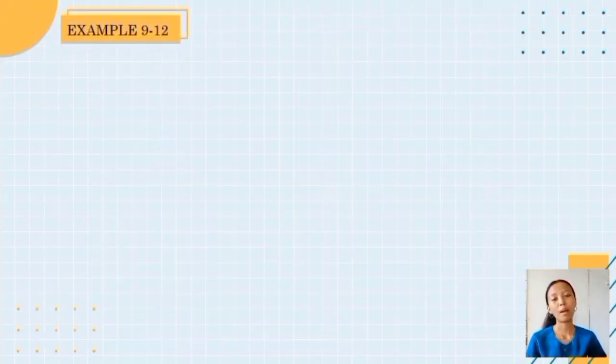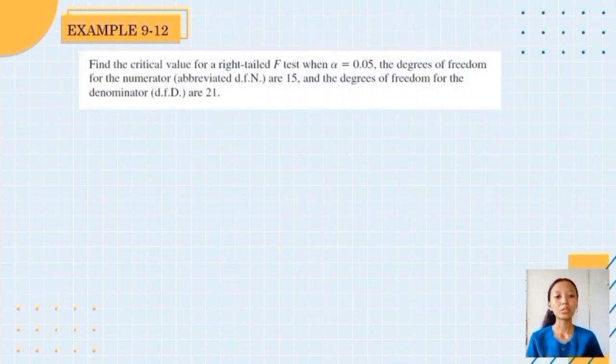Now let's have an example on how to find the critical value using the F distribution table. Find the critical value for a right-tailed F-test when the significance level is 0.05, the degrees of freedom for the numerator, D.F.N., are 15, and the degrees of freedom for the denominator, D.F.D., are 21.